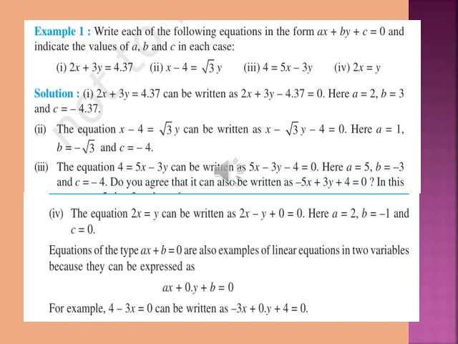See here, we will locate some points, that is, we will plot some points in the Cartesian plane. Point (5, 0): the y-coordinate is 0, so it is not in any quadrant, it is on the x-axis. Second point is on the y-axis because its x-coordinate is 0.